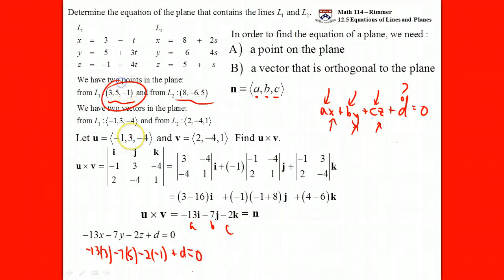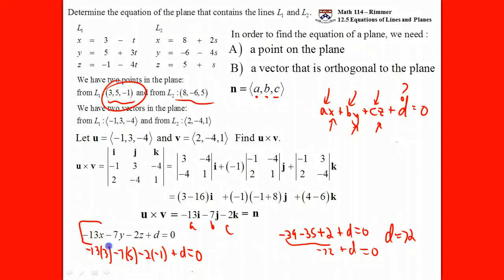Okay, taking that particular point, 3, 5, -1. And so I end up with a -39 and a -35 and a positive 2, plus the d should be 0. So this gives me a -72 plus the d is a 0. So d better be 72.